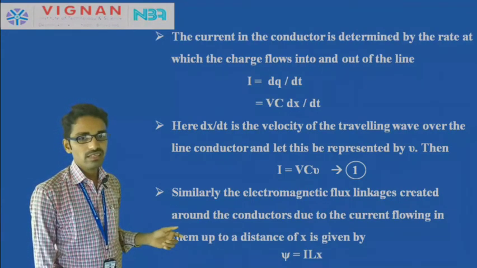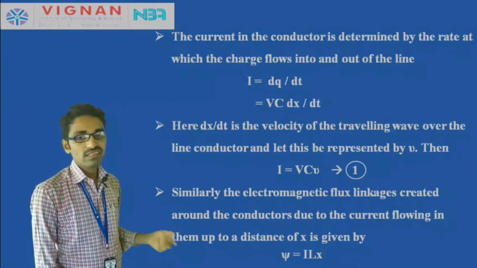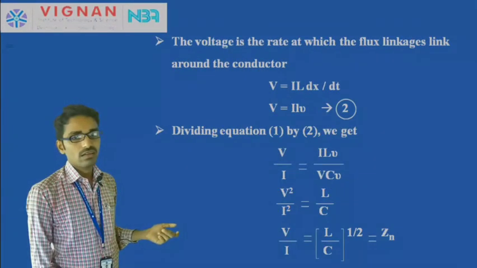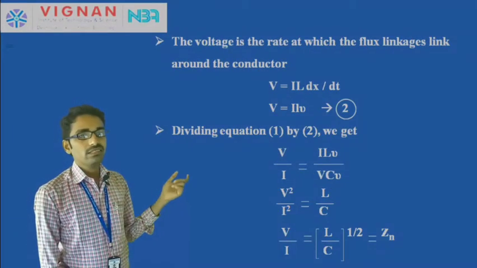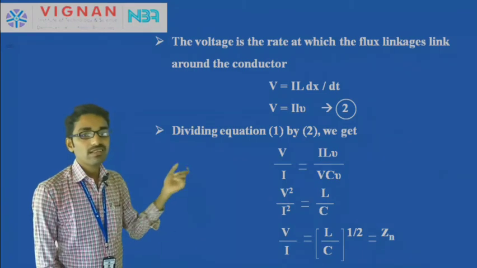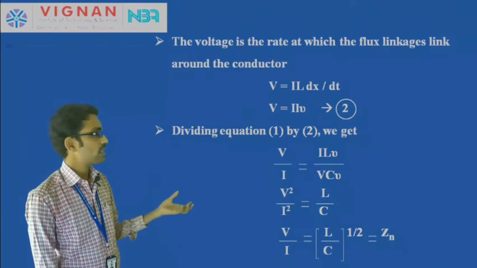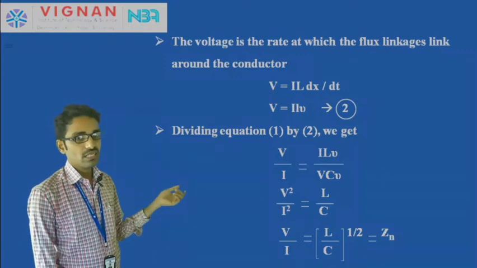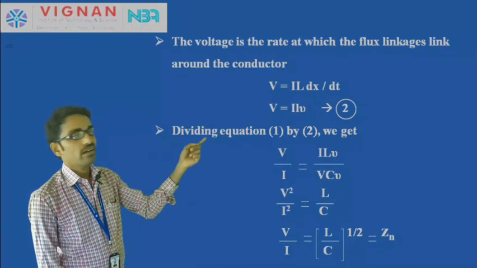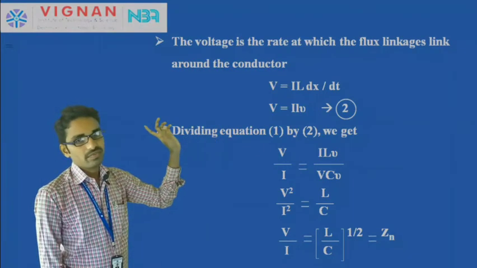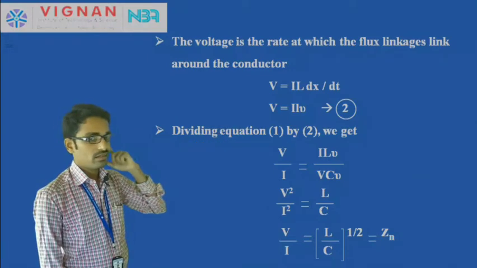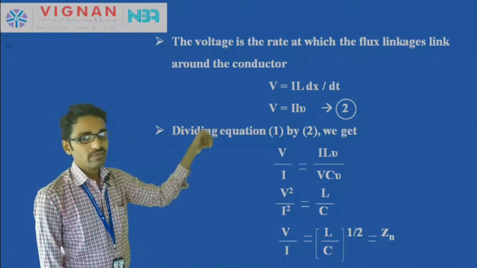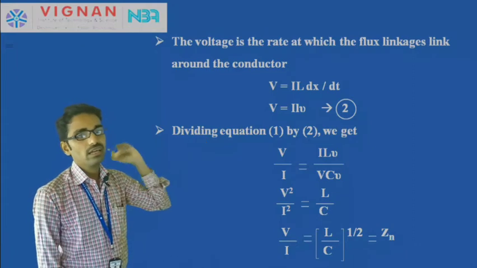Here psi is the flux linkage. The voltage is the rate at which the flux linkages link around the conductor, that is V is equal to I L dx by dt, which is I L into nu.